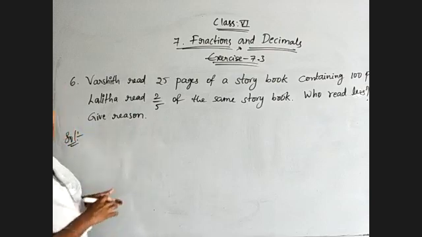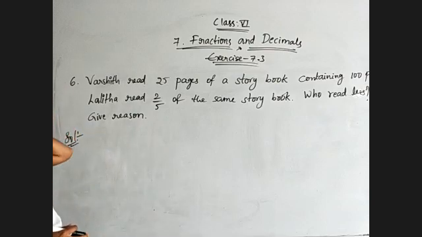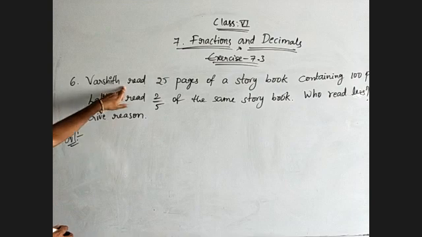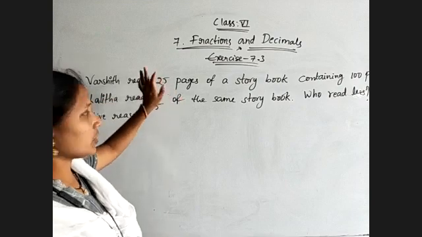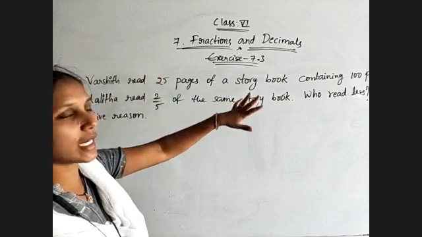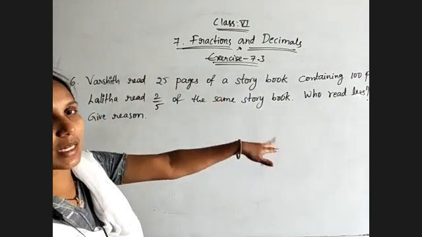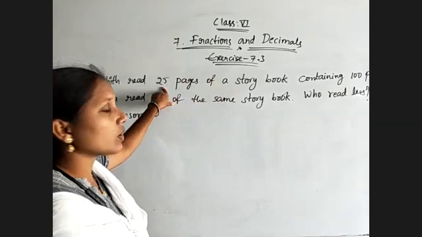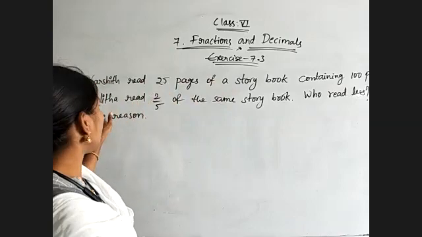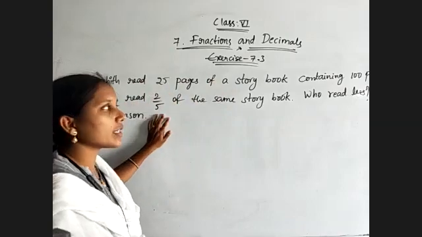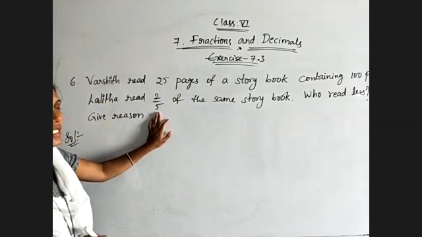Okay, observe the given problem carefully, and it is very simple and important. Varshit read 25 pages of a storybook containing 100 pages. Means total pages of the book is equal to 100. Out of 100, Varshit read only 25 pages. And Lalita read 2/5 of the same storybook. 2/5 is a fractional number.